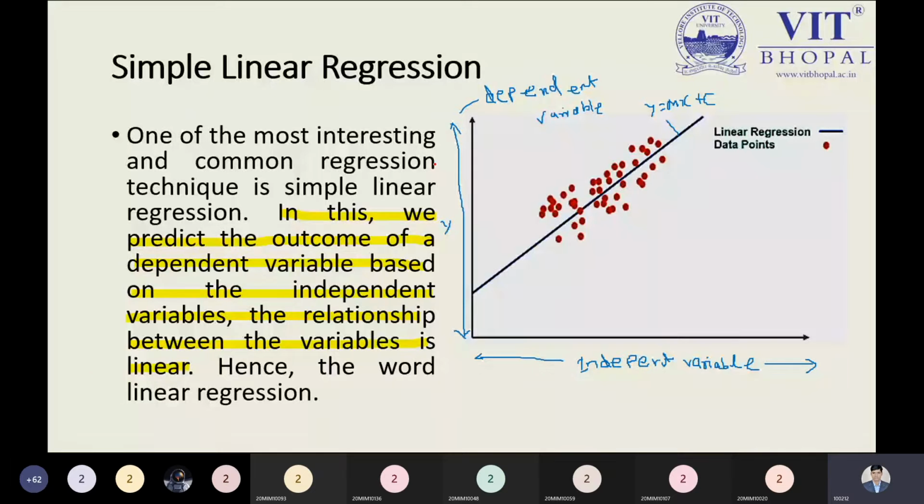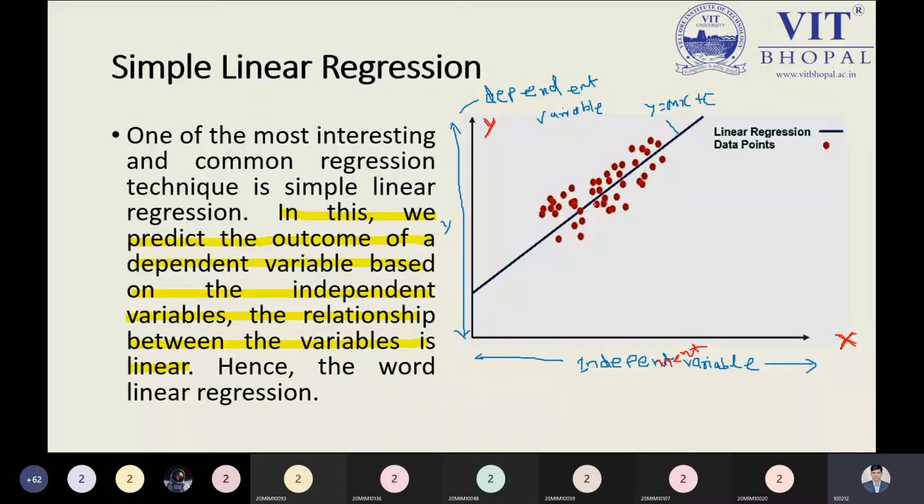So we have an independent variable and a dependent variable. Let me write correctly. This is the independent variable, and it can be represented by the x-axis. This can be represented by the y-axis. If something is plotted on our graph, these are the data points.